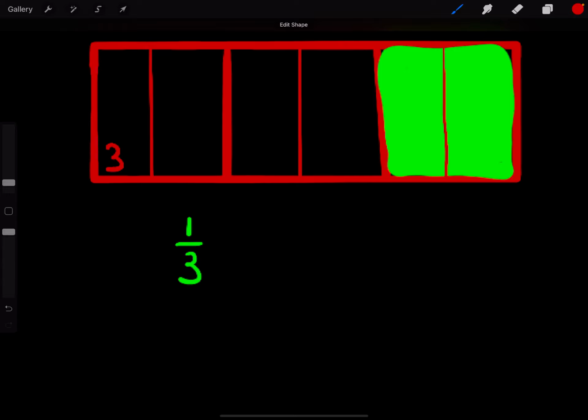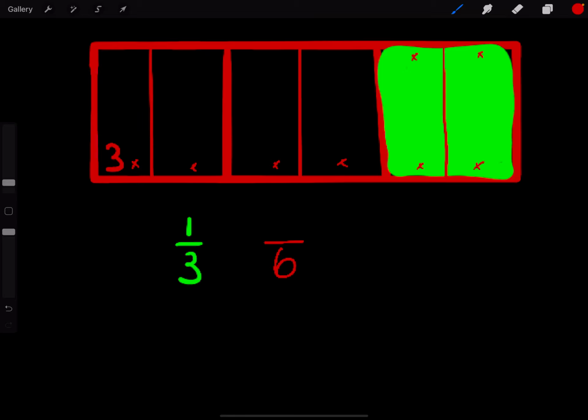So let's see, we have 1 part, 2 parts, 3, 4, 5, 6 parts. So we have 6 in the whole. And how many parts are shaded? 1, 2. So 2/6. We can actually say that 1/3 is equivalent, or equal, to 2/6.